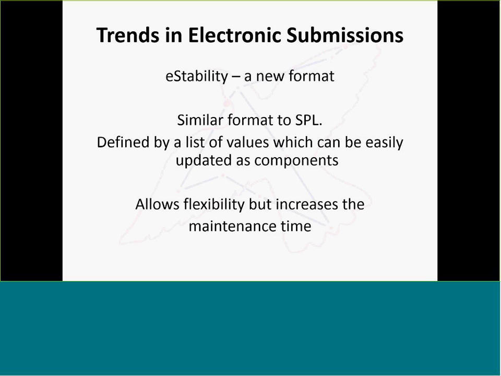This is very similar to the SPL format, but has different lists of values and things like that, so it doesn't truly overlap SPL at this point. It has the same flexibility as SPL, so it should be able to accommodate all stability information, while at the same time being easy for the FDA to maintain.